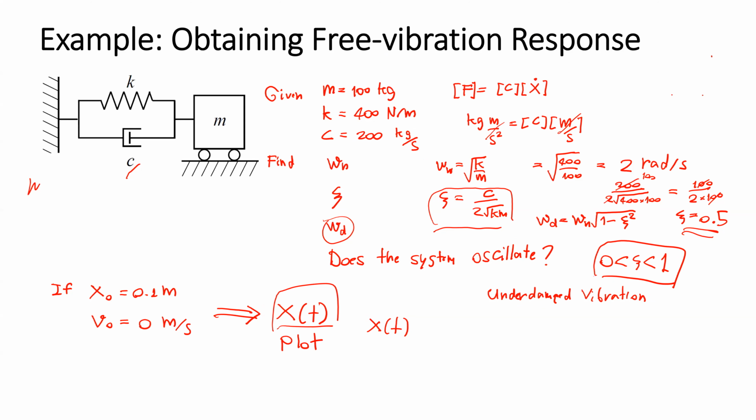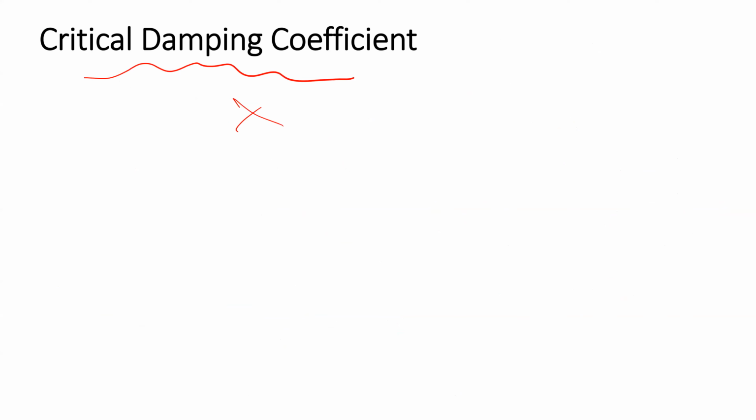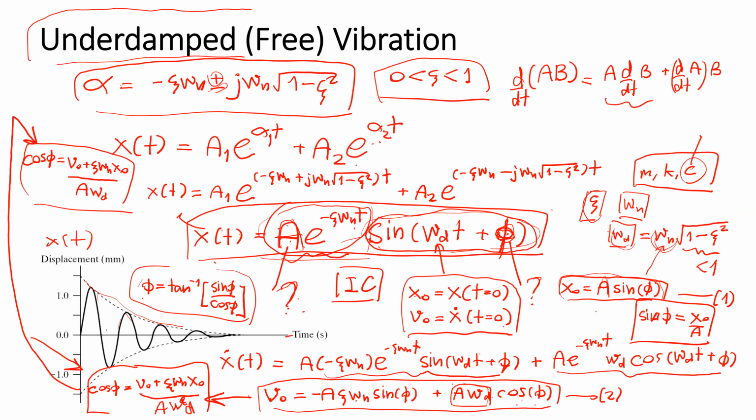If we go back to the case of the underdamped vibration, here the form of the response is written as the magnitude times the exponential decay multiplied by the sine function of omega d t plus the phase angle.